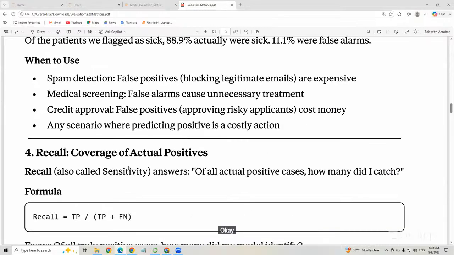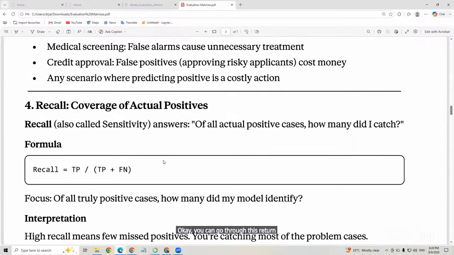Then lastly we have the recall, the coverage of actual positives. You can go through this detail. Recall is also called sensitivity. It answers: of all the actual positive cases, how many did I catch? The formula for recall is TP upon TP plus FN.